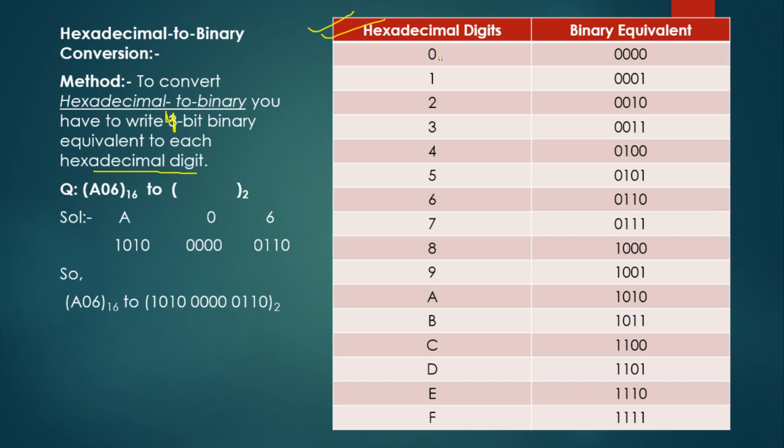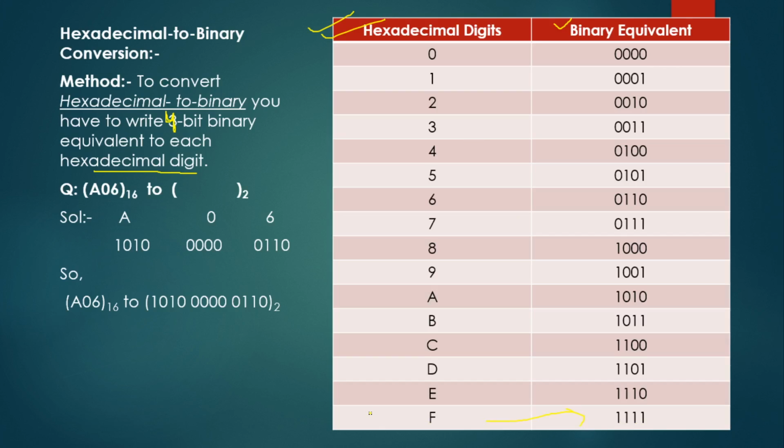Here on the left side I have written the hexadecimal digit, and on the right side I have written the binary equivalent. The binary equivalent of 0 is 0000, of 1 is 0001, of 2 is 0010, and up to F we have written 1111.